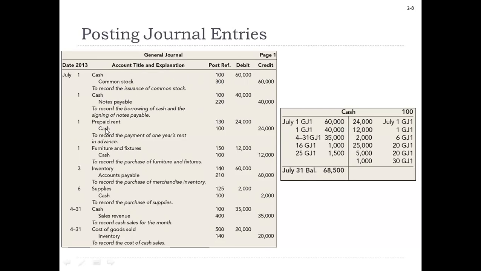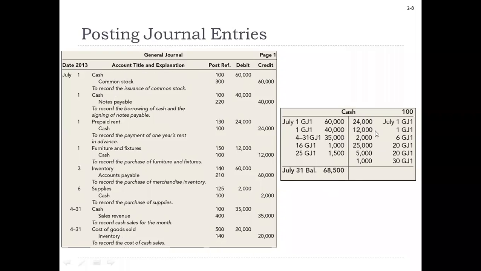Here's a credit to cash, 24,000. So we put that on the credit side, 24,000, as a decrease. Here's a cash decrease, or credit, for 12,000. We put it on the credit side of our general ledger. So posting is just taking all of the transactions from the general journal and putting each amount into the proper general ledger page.